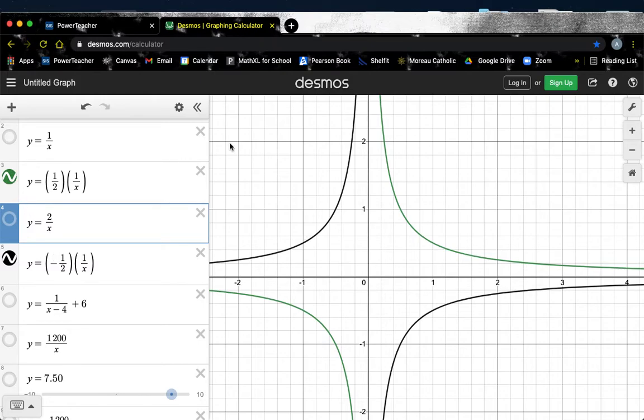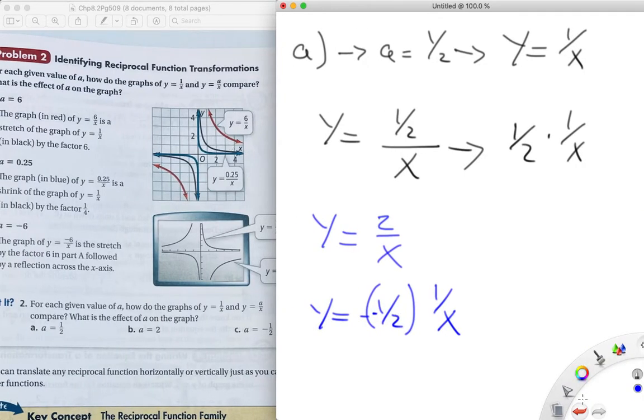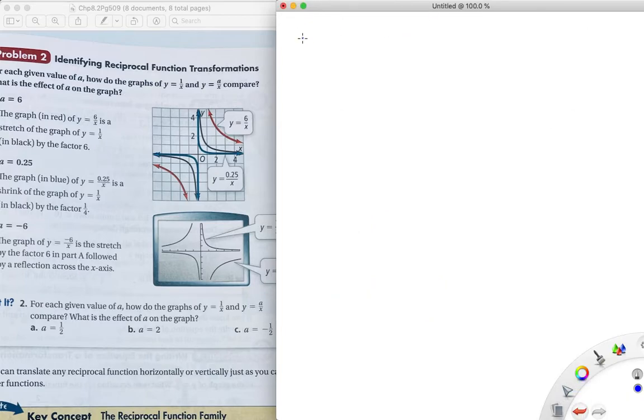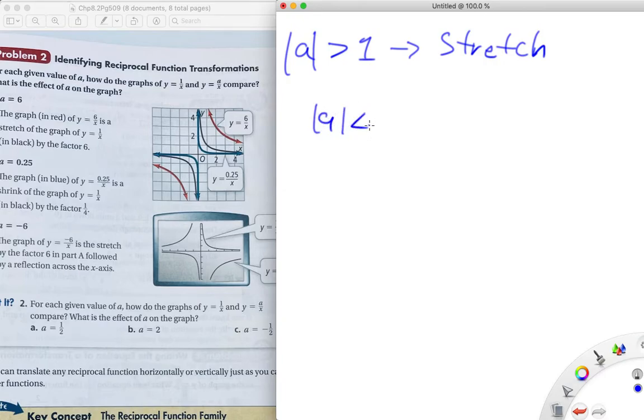So, a few things. Thing number 1. If the absolute value of a is greater than 1, then it's going to stretch. If the absolute value of a is less than 1 and greater than 0, then it's going to shrink.